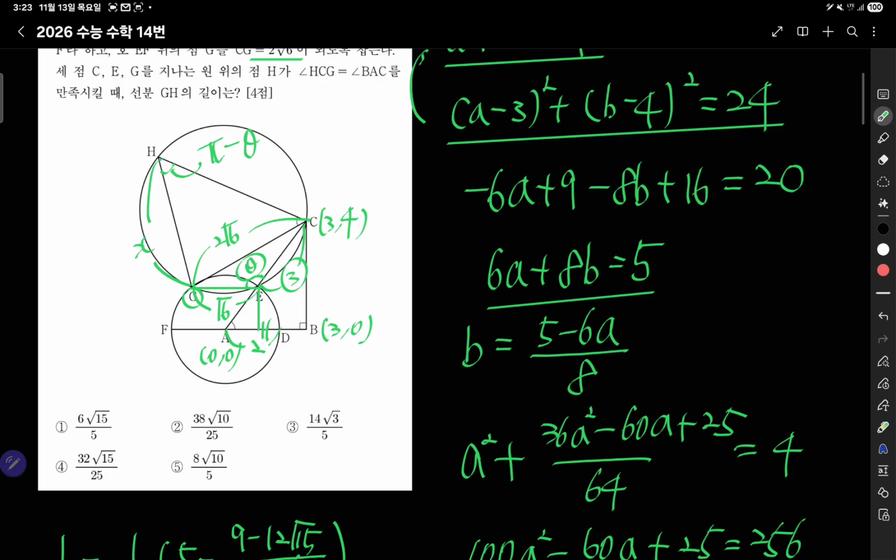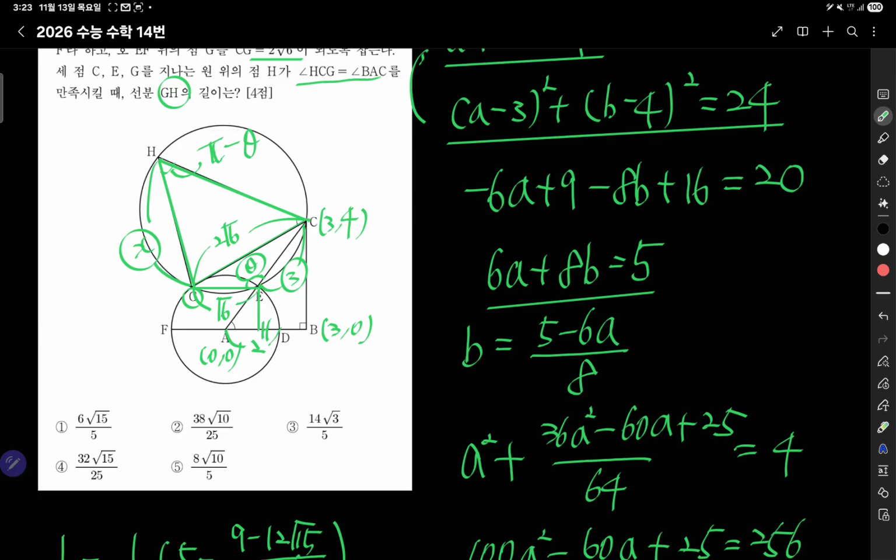And finally, we are going to use the law of sines in triangle CGH. We want to find the length of GH. So let's say the length is x.